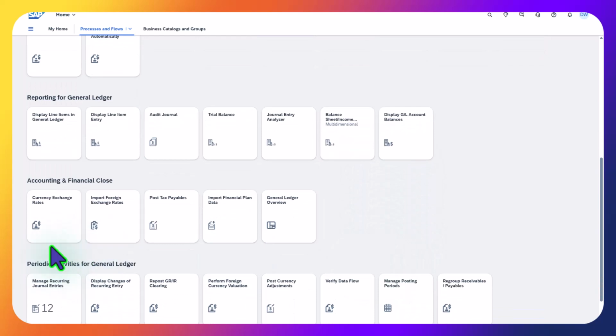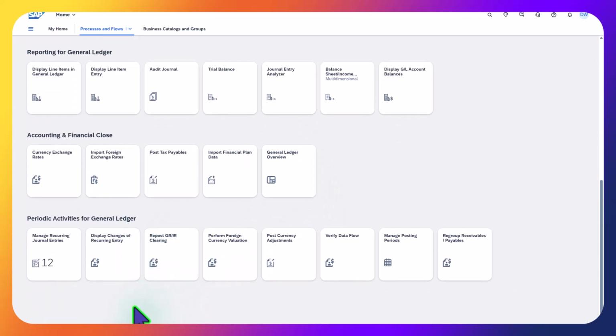And in accounting and financial close, we're going to look at the currency exchange rates, including the functionalities that are there, which involve the importing of foreign exchange rates, and the taxes, how to deal with tax, and how to import financial plan data, and the general ledger overview, which is my best, and periodic activities for general ledger.